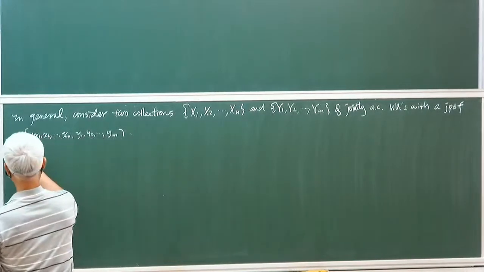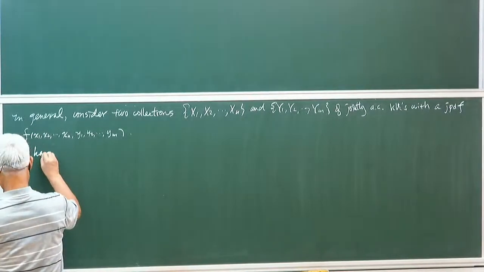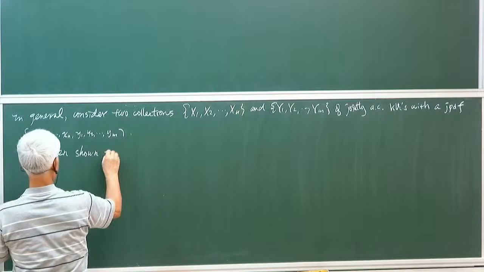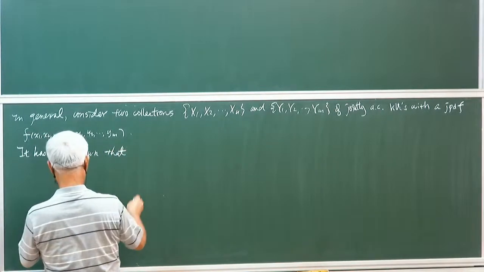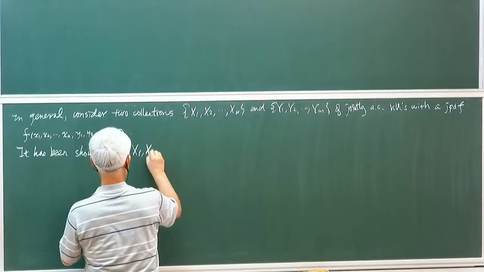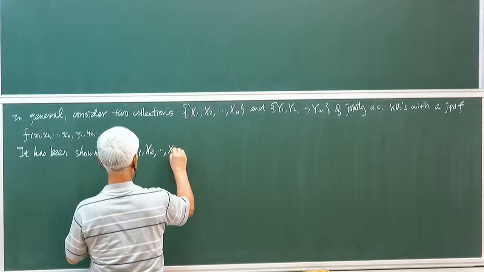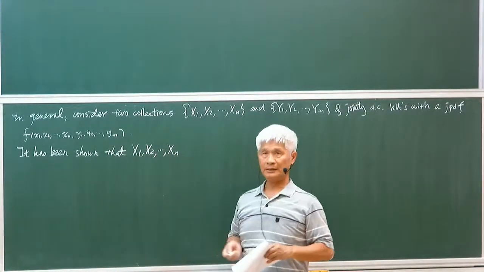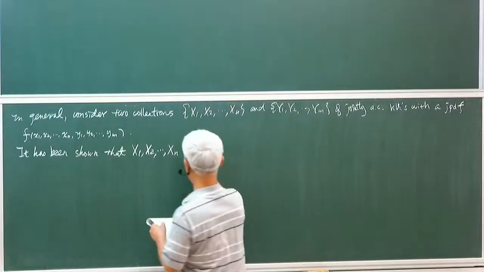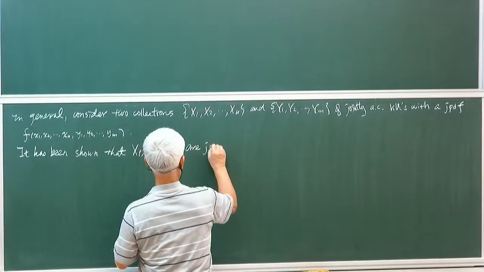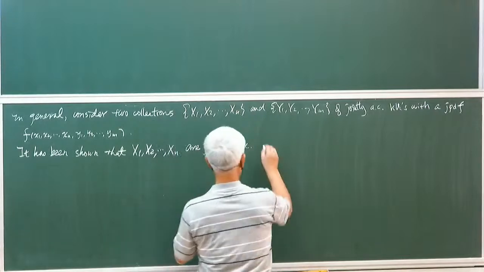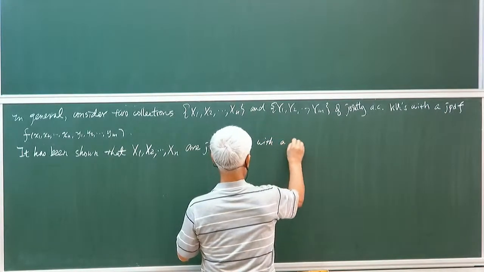All right, and it has been shown that the random variables in the X collection, so these n random variables, are jointly absolutely continuous with a joint PDF.